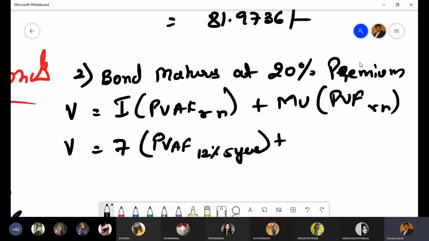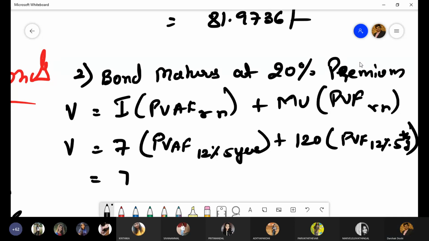Now when I say maturity is 20% premium, that is 20% over and above your face value. Face value is 100 rupees. So can I say maturity value will be 120 into present value factor for 12% at 5th year. So 7 into 3.6048, right?